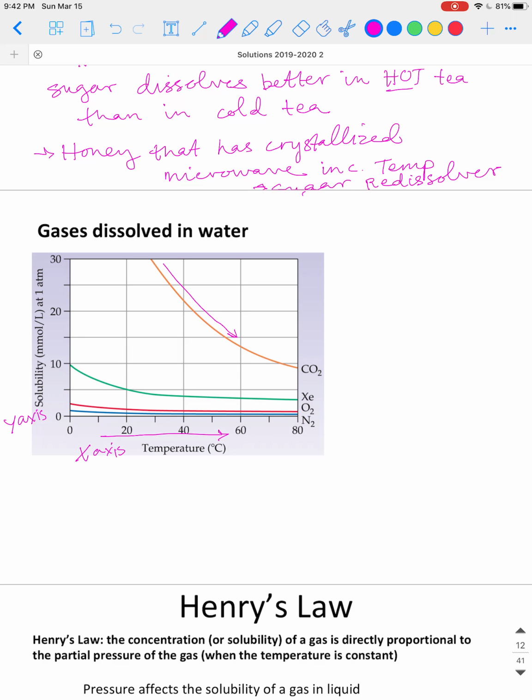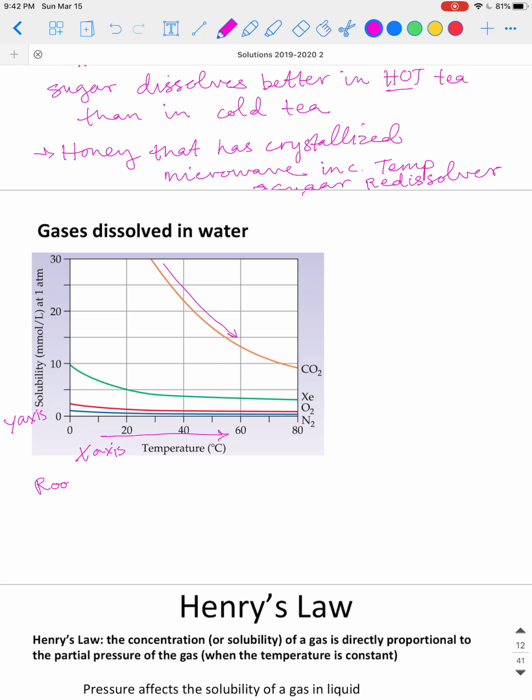A good example here is when you think about a carbonated drink. So any carbonated drink, but if we're just thinking about carbonated water, like sparkling water, if we had sparkling water at room temperature, a can that we opened and took a drink of, and then we had a can of sparkling water in the refrigerator.